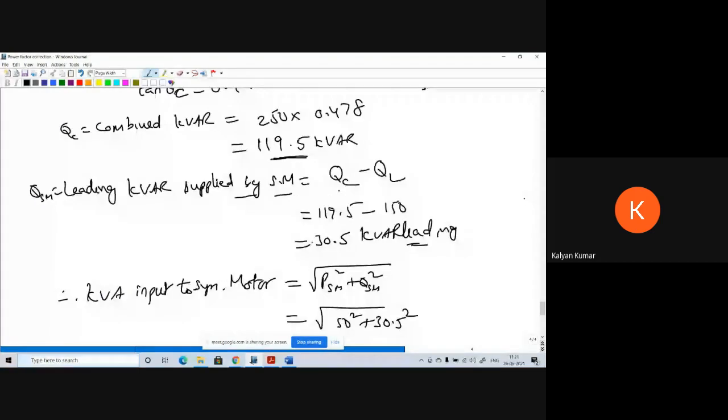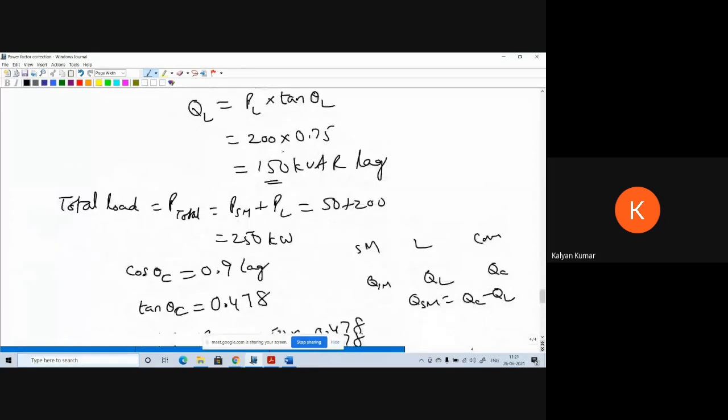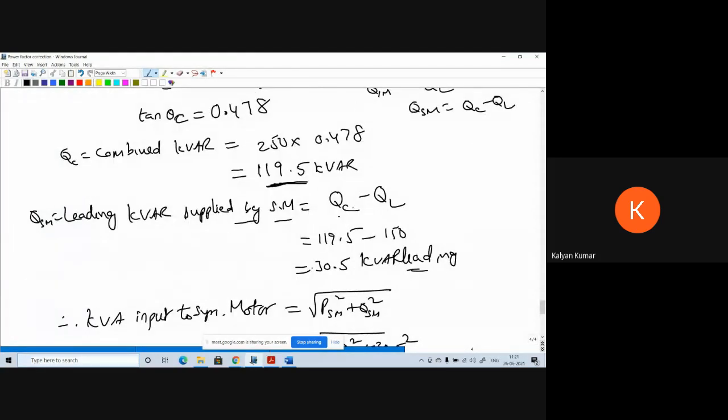QC is 119.5, QL is 150, so 119.5 minus 150 gives minus 30.5. That minus indicates leading, so I am writing kVAR leading: plus means lagging, minus means leading. So the synchronous motor is going to supply 30.5 leading kVAR.